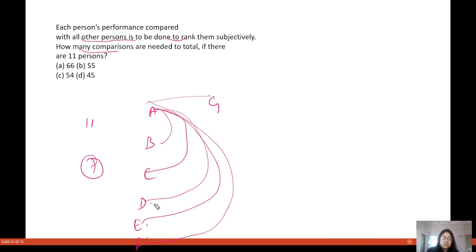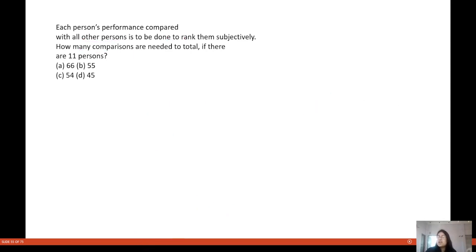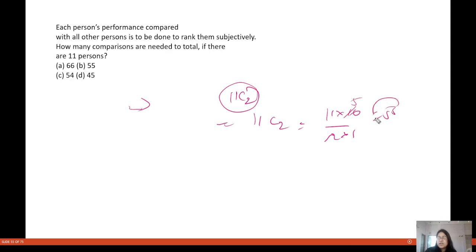So basically 1, 2, 3, 4, 5, 6: one person we are comparing with 6 others. Then the next person will also be compared in a similar way with the rest, and that is the number of cases you go on adding. This is nothing but just like a handshake. So that can be done in 11C2 ways, which is 11 into 10 divided by 2 into 1. So that will give you 55 comparisons.